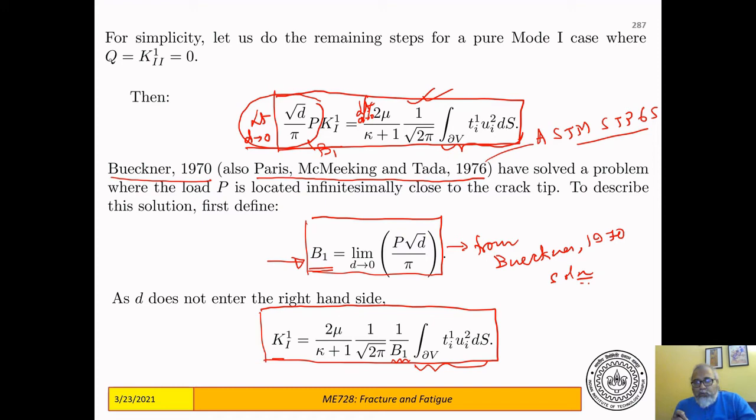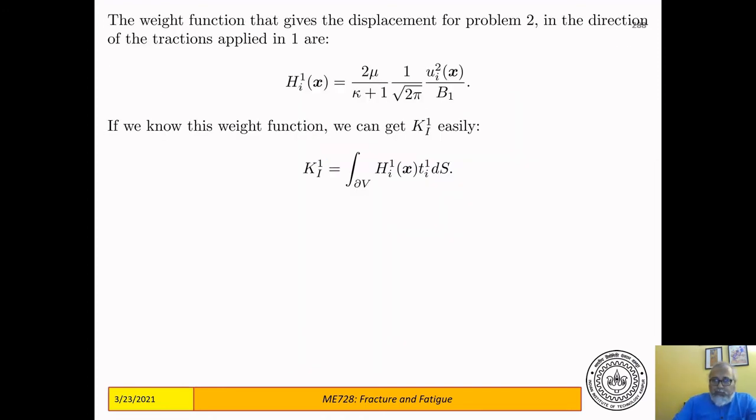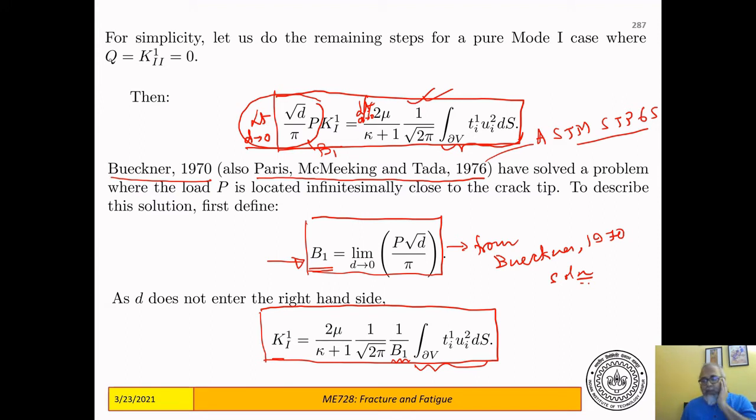Okay, now we define a weight function, and the weight function is defined in this manner. k11 is equal to ui2, which is a function of x, times ti1 ds.